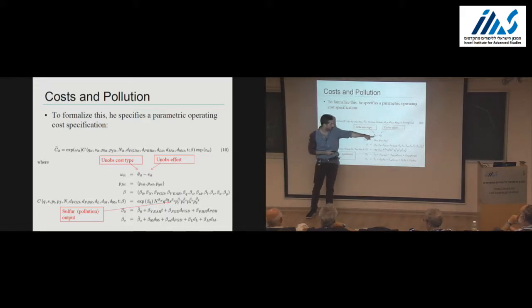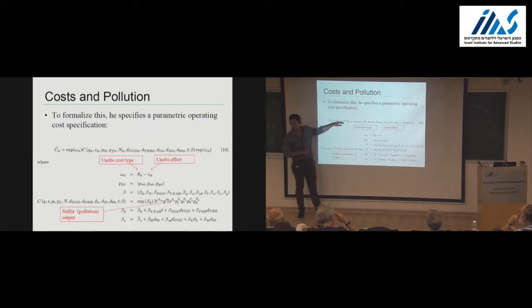We have theta, the fixed type. It's the same notation in all the papers, theta. And then there's this effort, whereby exerting effort you can make your type better. By exerting effort, you make this omega smaller, which reduces the costs.